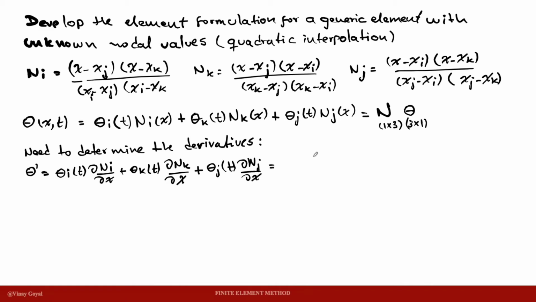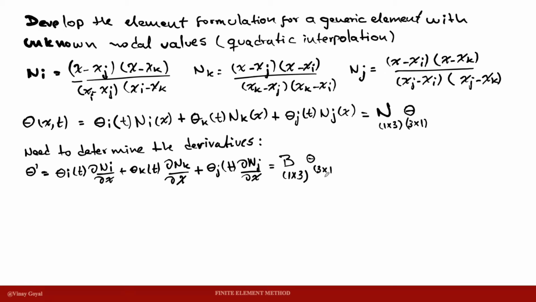In matrix form, all the derivatives of the shape functions are contained in this 1 by 3 vector B, and the coefficients in theta, which is 3 by 1.